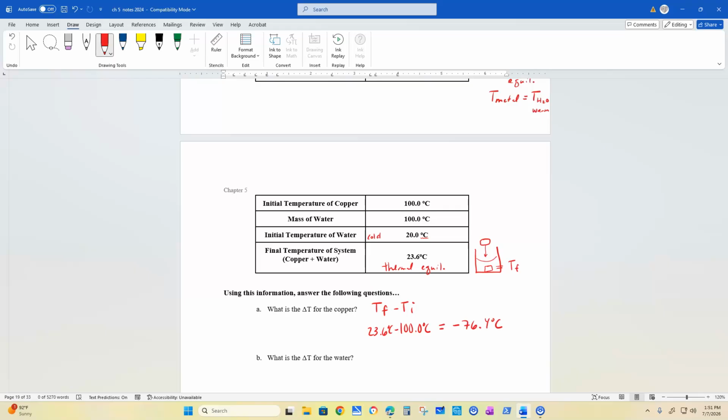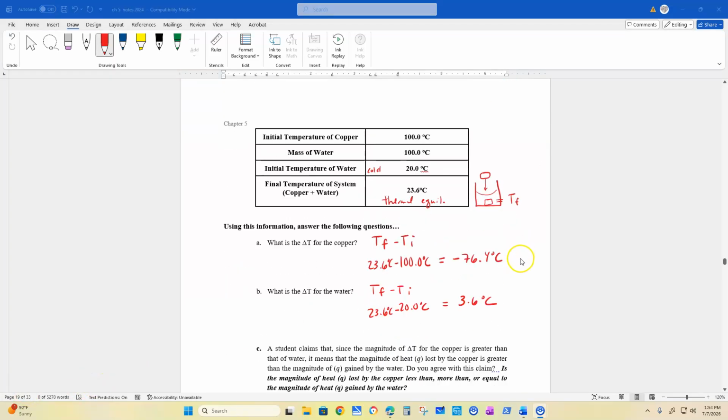I lost heat. That should make sense. My temperature went down, so it should be negative. What's the delta T of the water? Final minus initial. The cold water started at 20 and went up to 23.6. Now remember, water gained heat, so this should be a positive value. 23.6 minus 20, and I get 3.6 degrees. Okay?